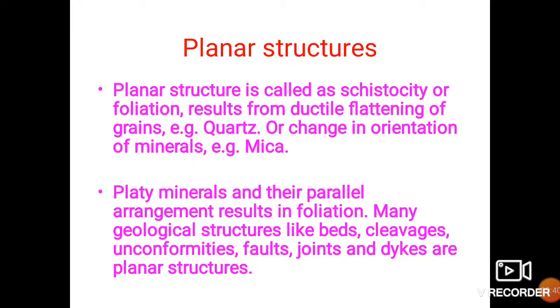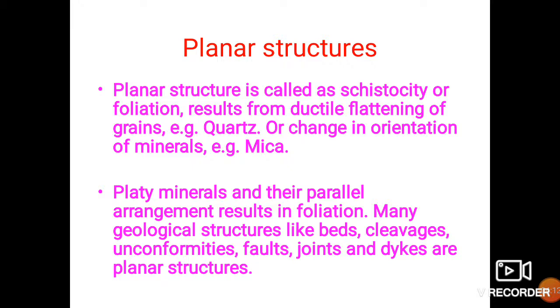It is called as cystosity or foliation, and it results from ductile flattening of the grains. Means the grain which is originally rounded, it gets flattened due to the action of particular force, or it is called as stress. When this flattening occurs in the original rounded grains, which may be of quartz or calcite or any other mineral, it forms a planar structure.